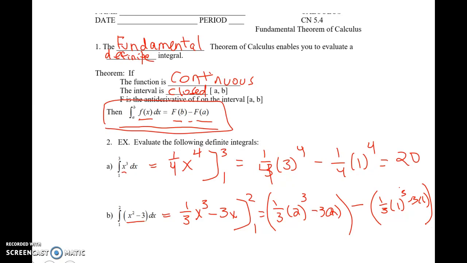And now let's figure out this computation. 2 cubed is 8, so I have 8/3 minus 6. 1 cubed is 1, so I have 1/3 minus 3.